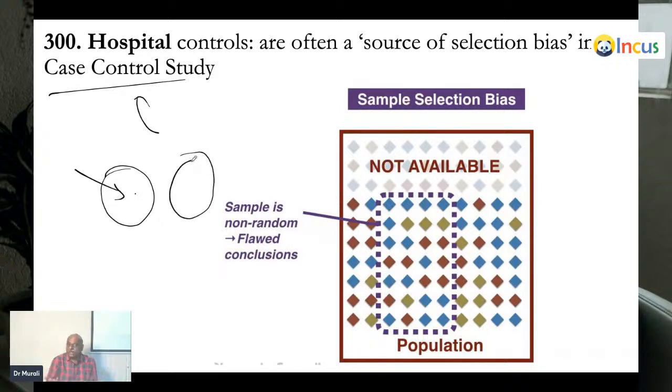Controls, you are not able to get. The deadline to present to your boss is coming. Then you call the ward boy, the nurse, everybody: come on, you are all controls, let me check your BP, everything. So there's a chance of selection bias. Agreed?